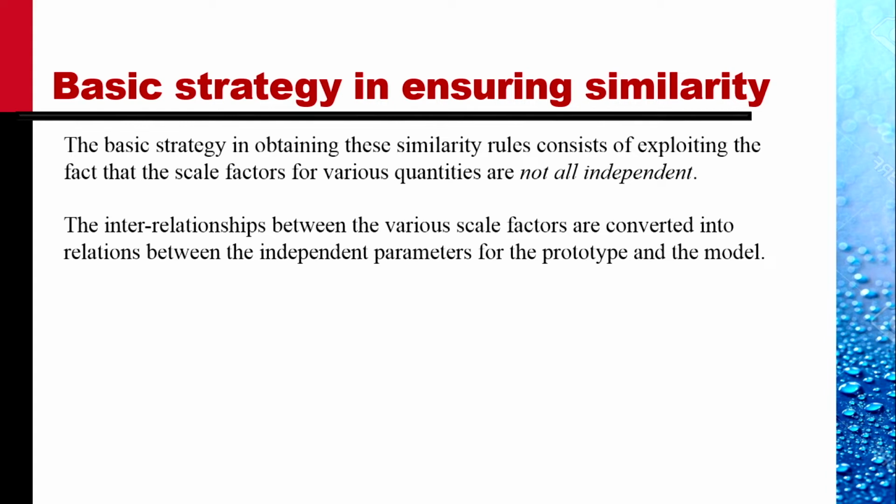And here we state that the basic strategy in obtaining these similarity rules consists of exploiting the fact that scale factors for various quantities are not all independent. Like we have seen, the scale factor for area Ka is equal to KL square. Ka and KL are not independent. Similarly, the scale factor for volume was seen to be KL cubed, not independent.